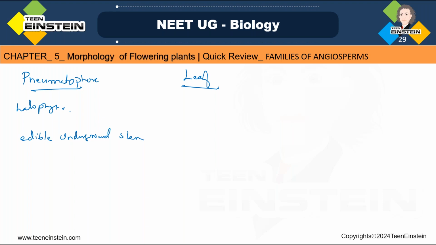And flower: what is zygomorphic, what is actinomorphic, and they'll ask a question by giving a floral formula, which one is representing what. And what is unilocular ovary, what is multilocular ovary, and a flower that can be divided into two equal halves only through one plane, what is it called?